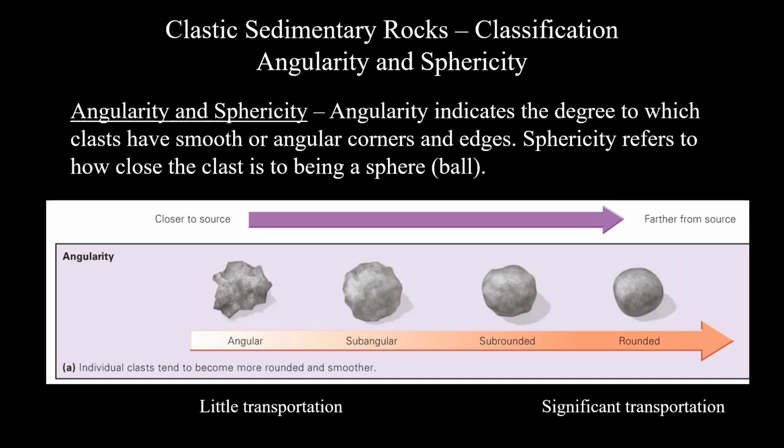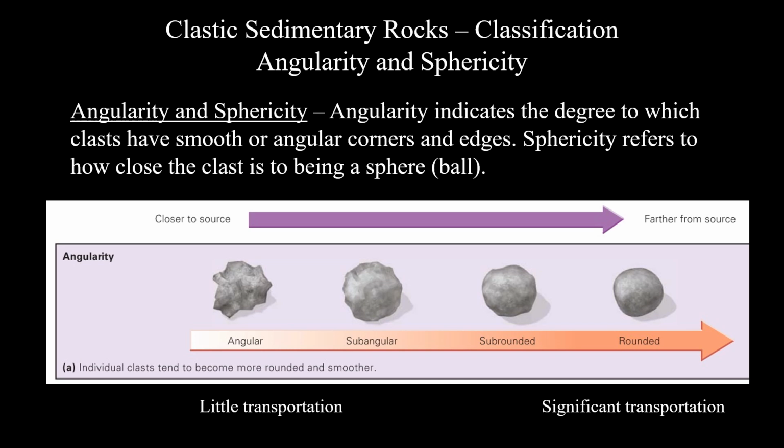The angularity and the sphericity is also important. We like to look at how angular the little fragments are. This tells us something about how far the material has been transported. Remember, I mentioned earlier that we used the principle of uniformitarianism to look at certain geologic formations on the surface of Mars that suggest there was liquid water on the surface of Mars.